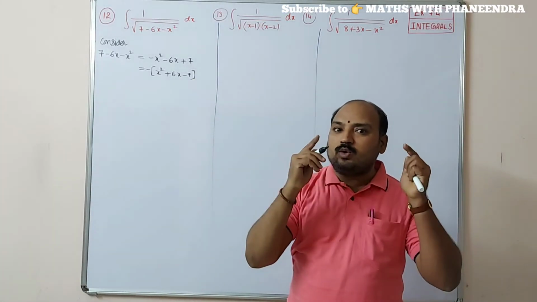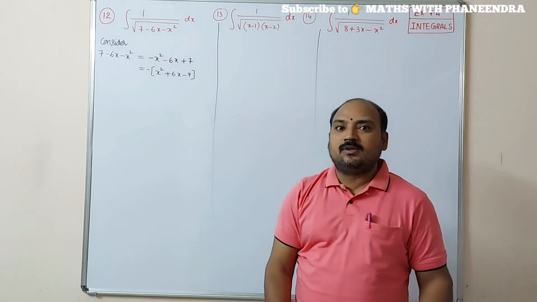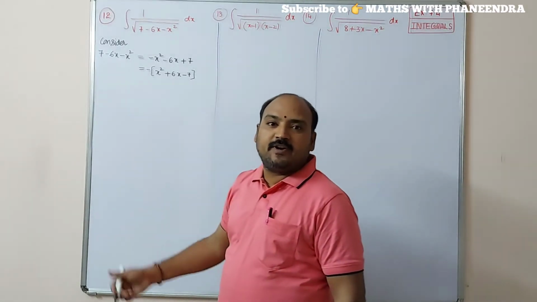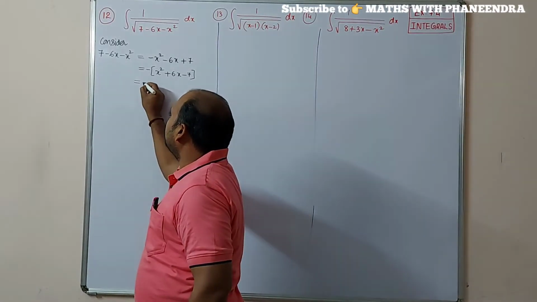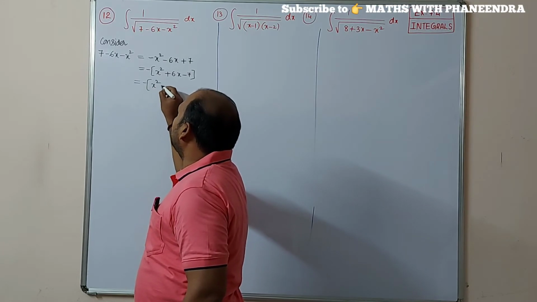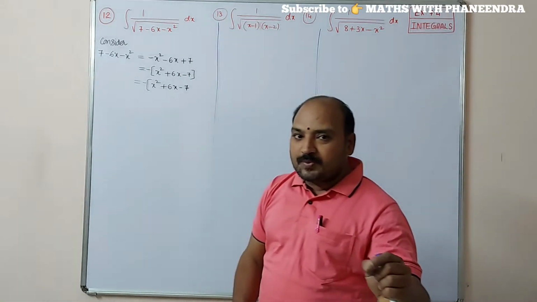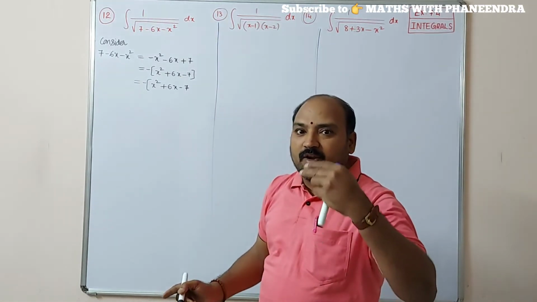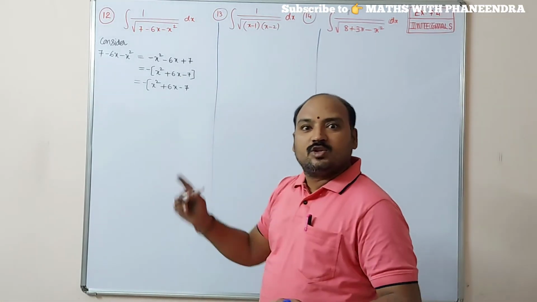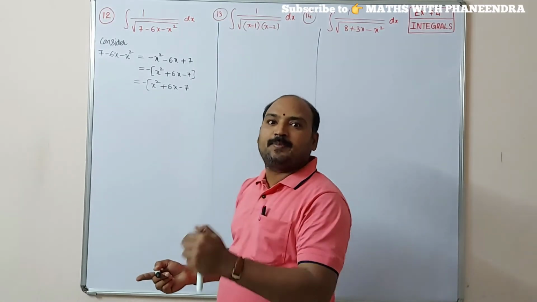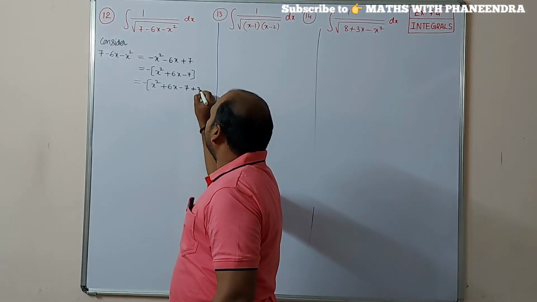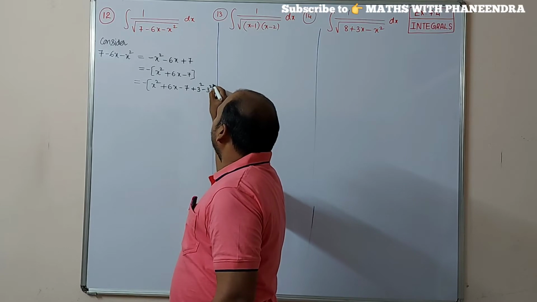So how much do we have to add and subtract to make the perfect square? Which is equal to minus (x square plus 6x minus 7). Here the x coefficient is how much? 6. Half of that, 6 by 2, is 3. So we are adding and subtracting 3 square: plus 3 square minus 3 square.